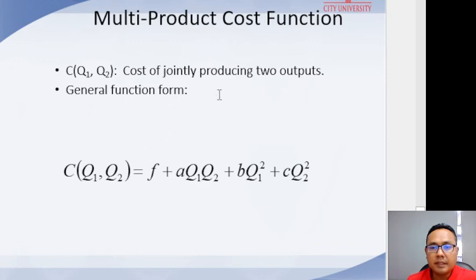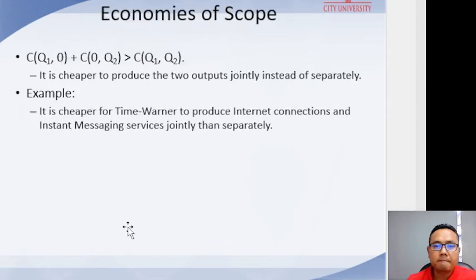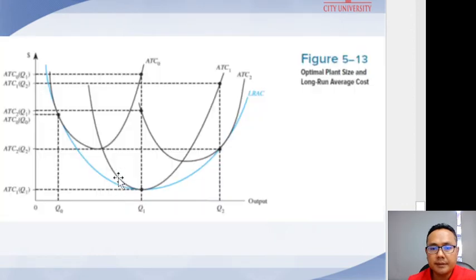So in the multi-product cost function, you can see the cost of jointly producing two outputs. Generally the function form is like this. Notice that the long run average cost curve is a U shape, as you can see from the slide here.